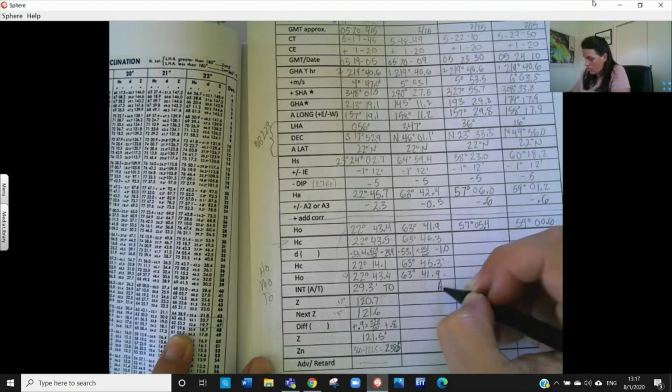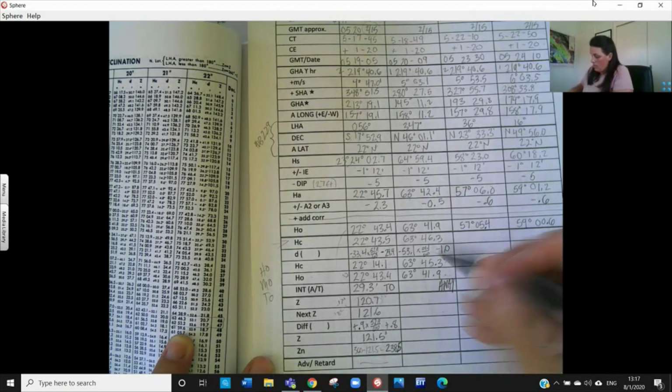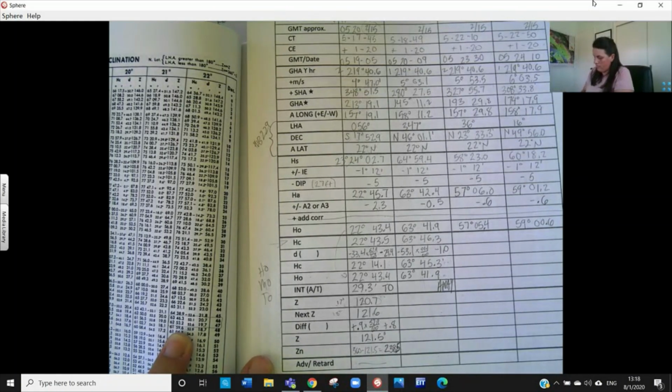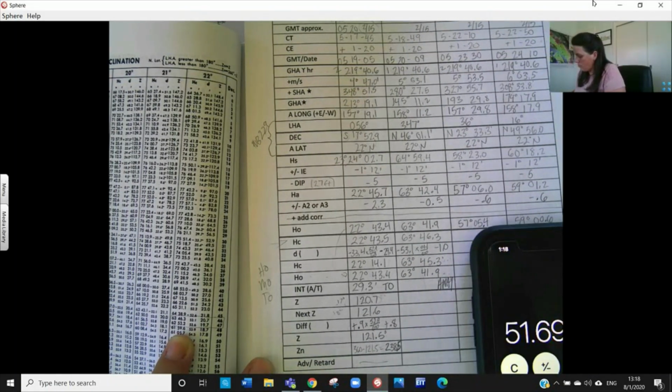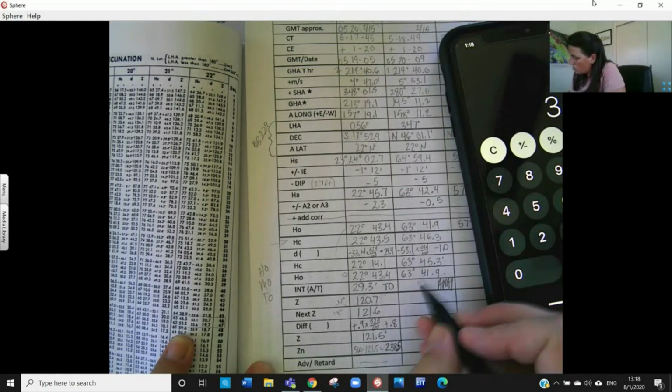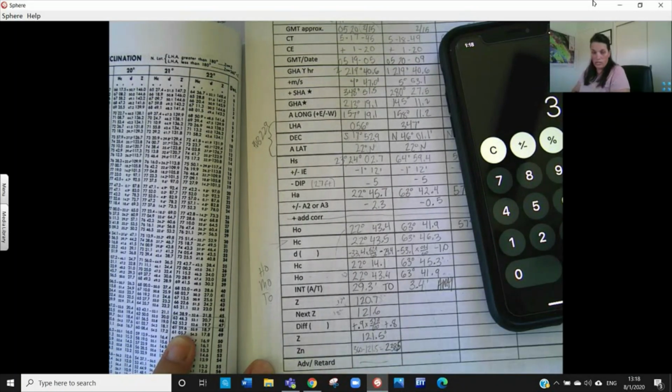It would be away. Now I can see how much away. Very, very close. So 3.4 miles away.